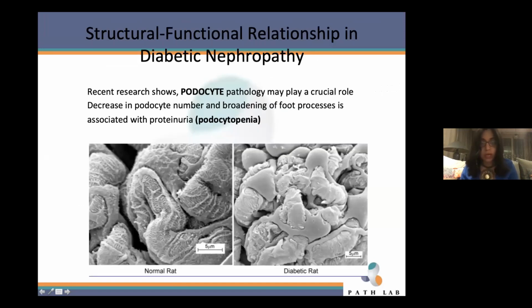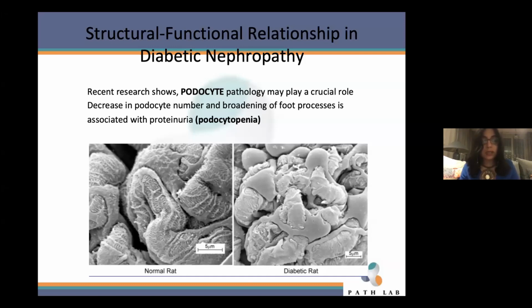But what I also would like to tell you that diabetics or diabetic kidney disease is also a form of podocytopathy. Remember when we discussed podocytopathy, and we said that with podocytes or diseases which can affect podocytes primarily, you can either have an increased number of podocytes or you can have a podocytopenia, like what eventually happens in FSGS.